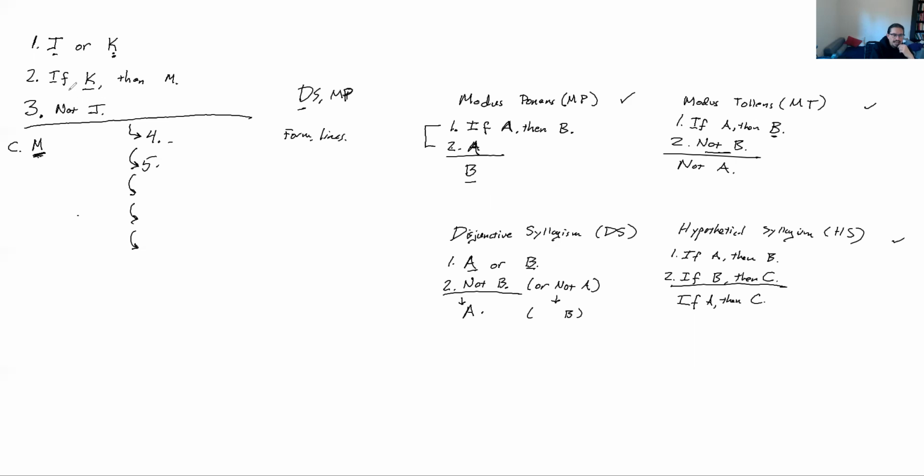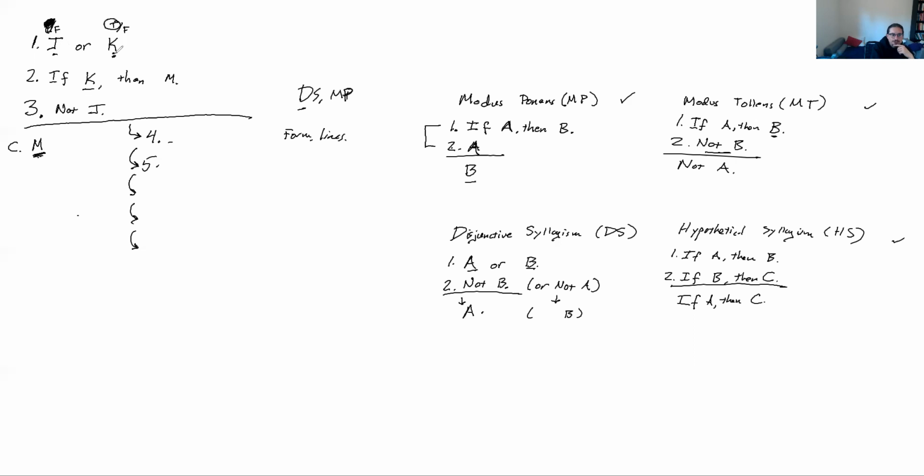Let's break this down. In a disjunctive syllogism, we know that J is either true or false, and K is either true or false, but one of them must be true. Line 3 says J is not true, so it must be false. And one of these must be true.